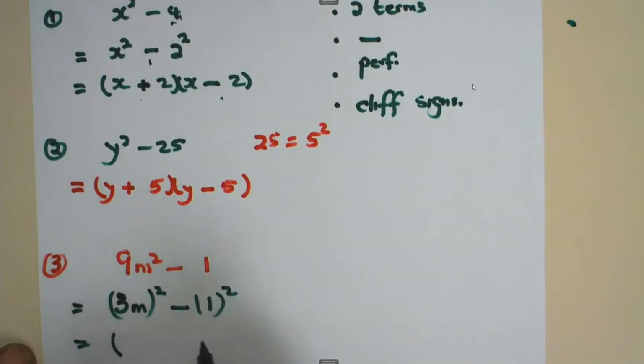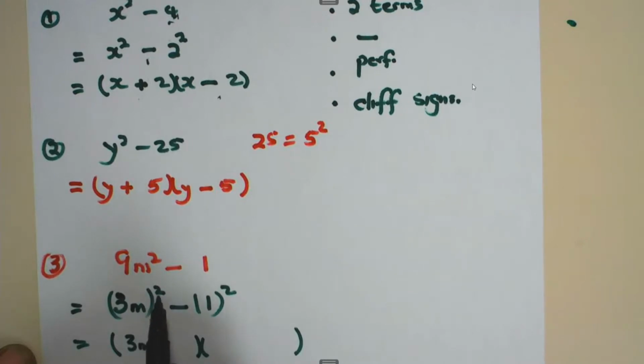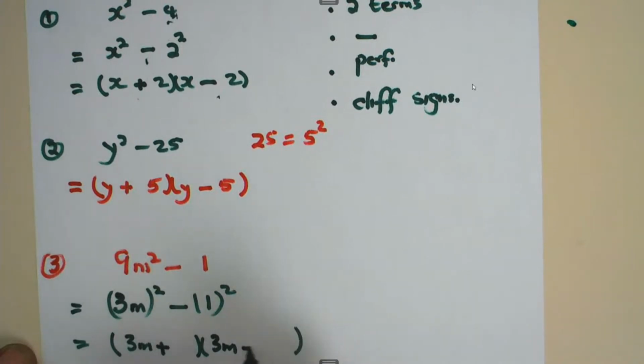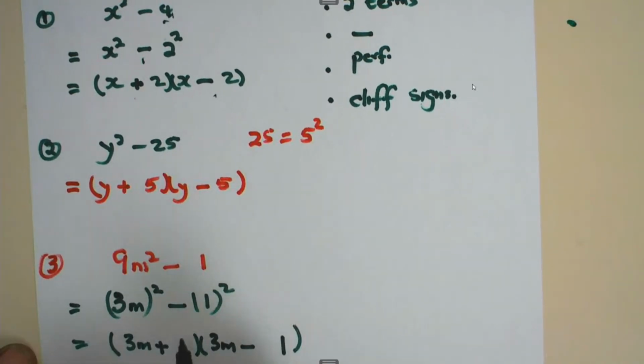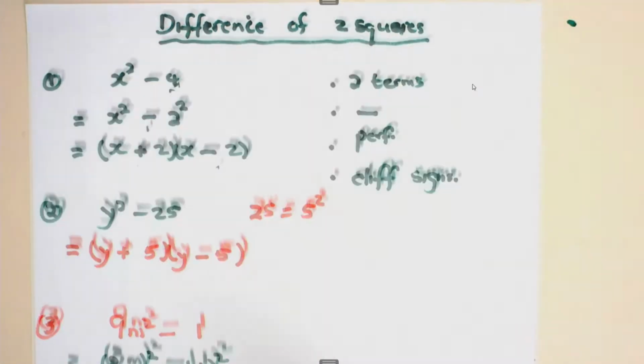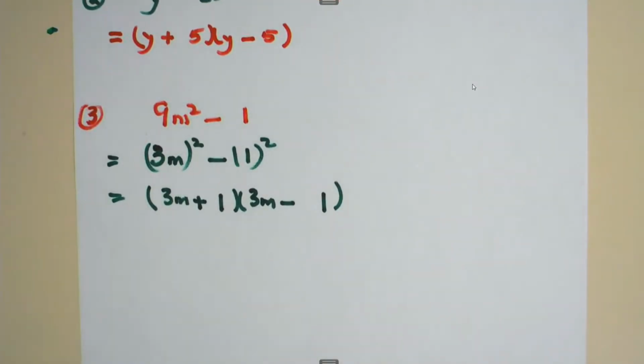Therefore, put big brackets. There are two 3m, because the power tells how many times you have multiplied 3m. So always put the first bracket and then the 1, it will be 1. So these are the factors. Easy if you follow this. You can take many examples.